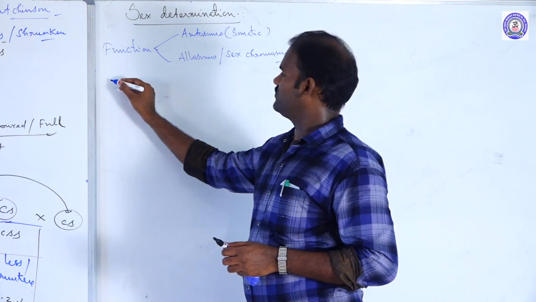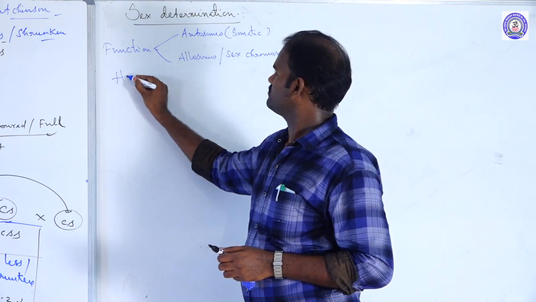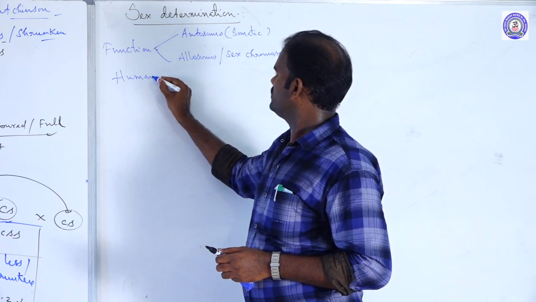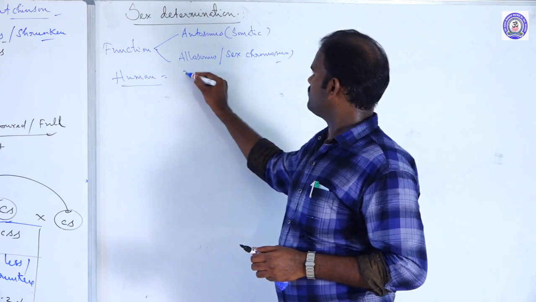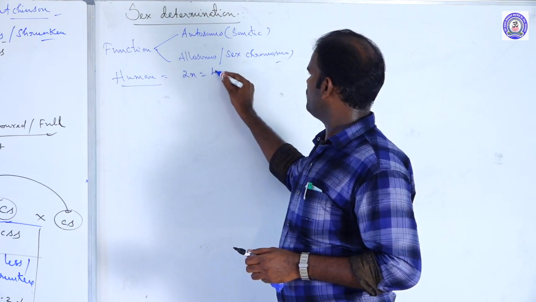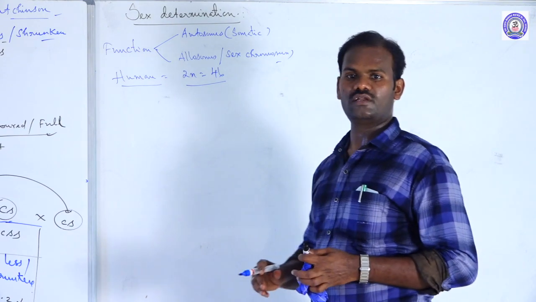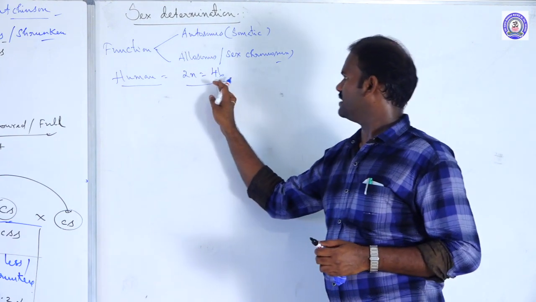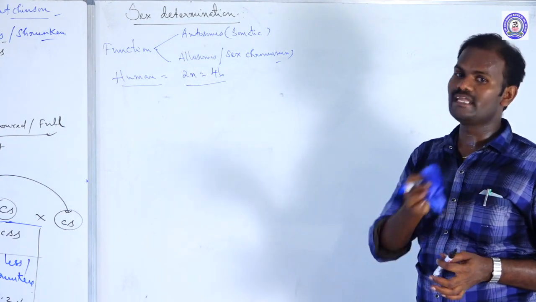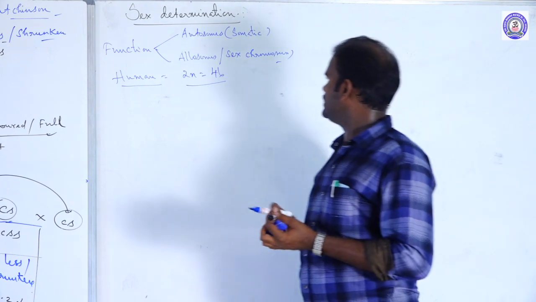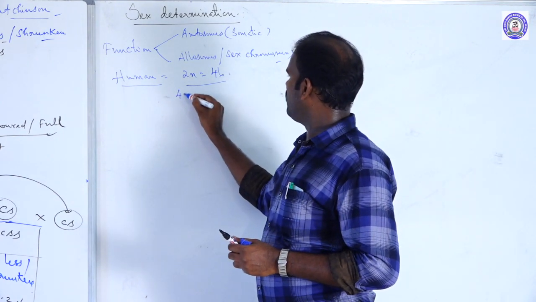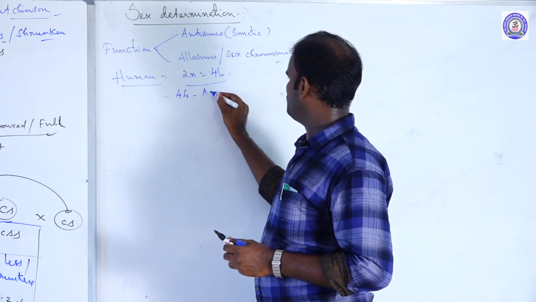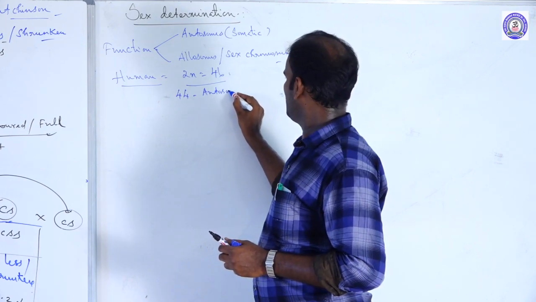Consider, for example, a human being. The total diploid chromosome number, 2n, is equal to 46. They occur in pairs, always 23 pairs. In the 23 pairs, or 46 chromosomes, 44 chromosomes are autosomes.